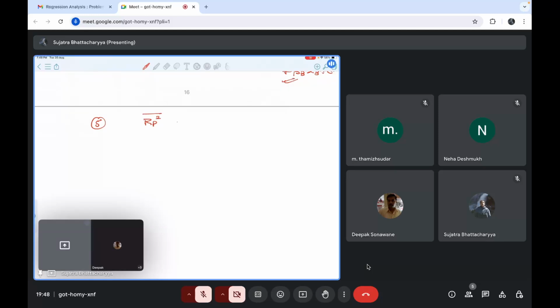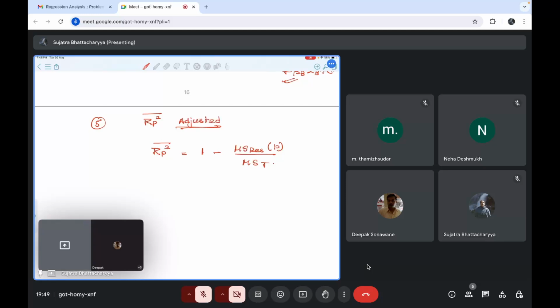Okay, this adjusted RP square. So how it is defined is that RP squared bar is 1 minus MS residual of P divided by MS T. Right? This is the definition.